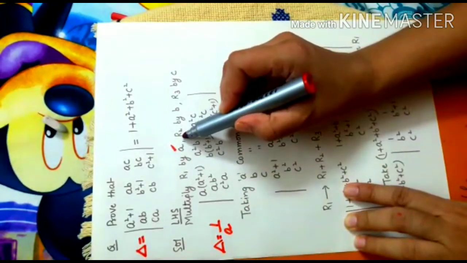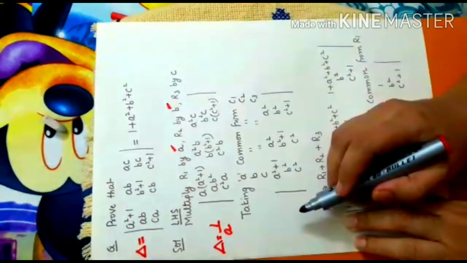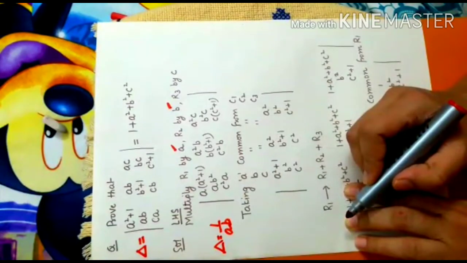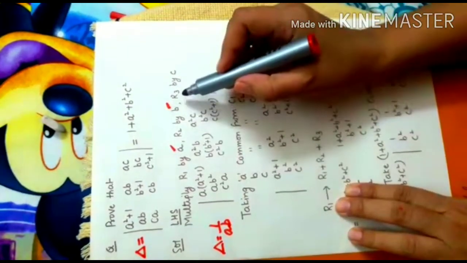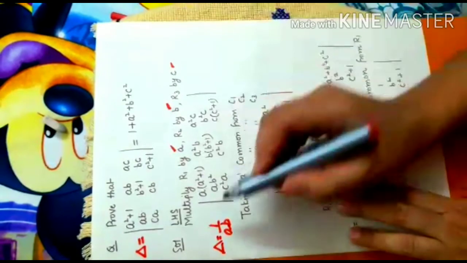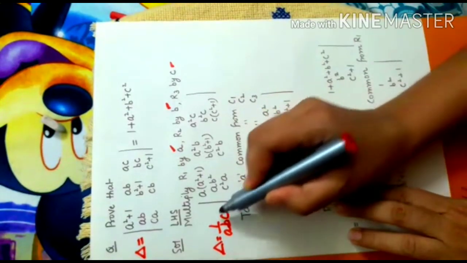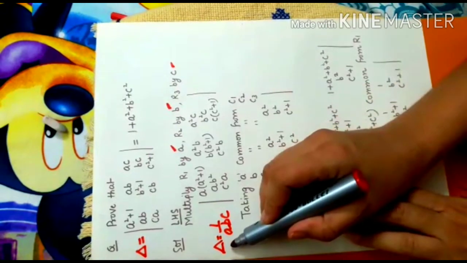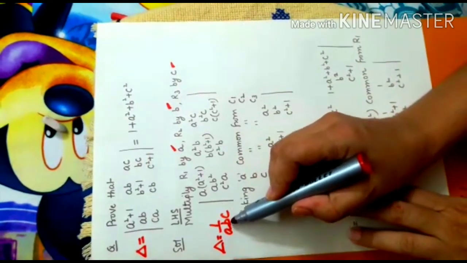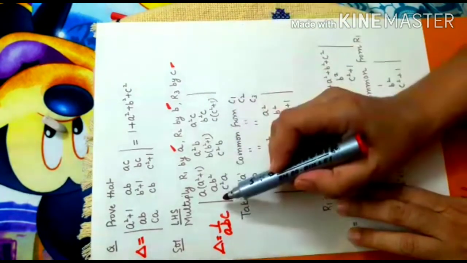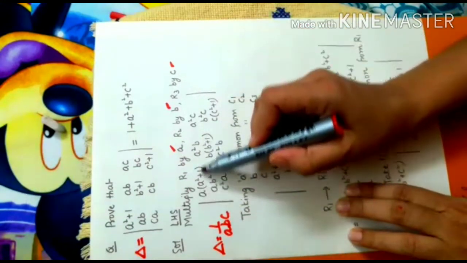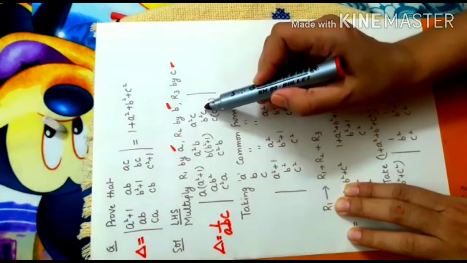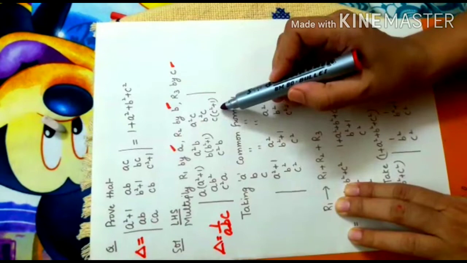Similarly, multiply the second row by b. Again, in order to balance, I have to divide by b. And similarly, multiply the third row by c, and to balance, divide by c. So I'll get delta equals 1 over a into b into c into this determinant. The first row is multiplied with a, the second row is multiplied with b, and the third row is multiplied with c.